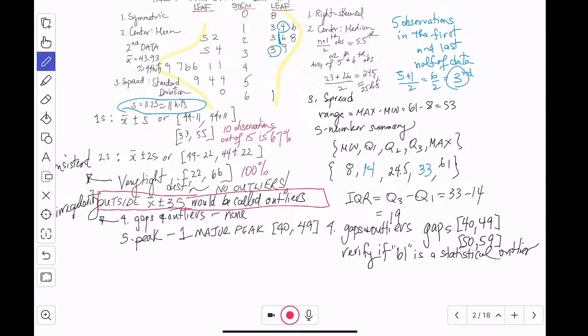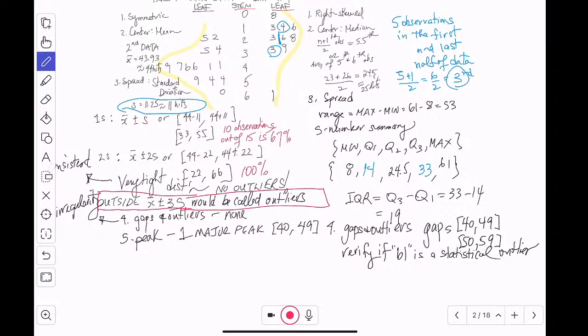Okay, so how we check for outliers. When the data are skewed, we don't check the same way that we did for the symmetric distribution. We check the way we did yesterday.